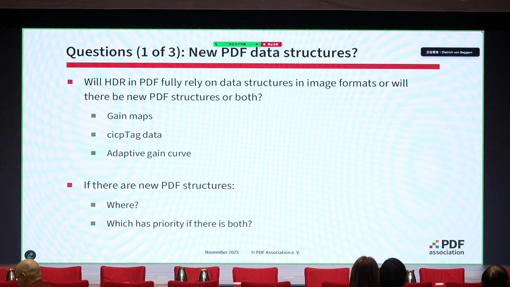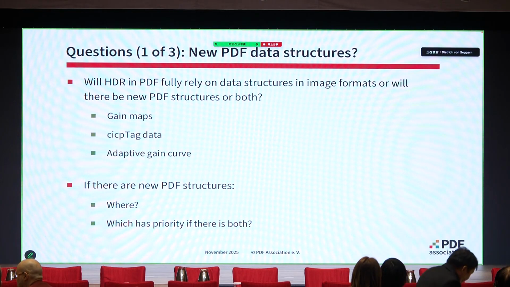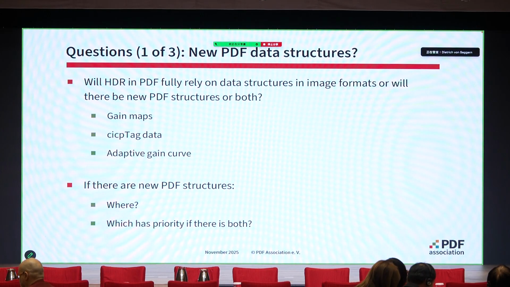So do we want to have gain map information for an image, not just in the image, but also in the PDF specification, in the part that is specified for PDF, CICP tag information, and adaptive gain curve? These are the most important blocks of information related to HDR. Do we want to copy that information into the PDF specification?